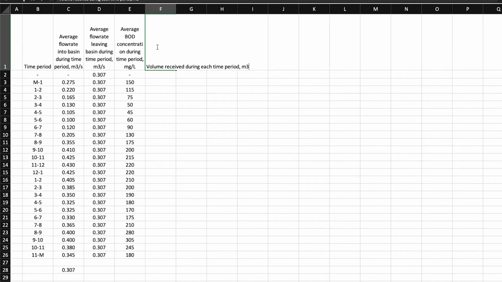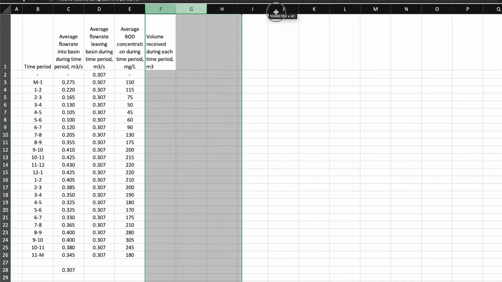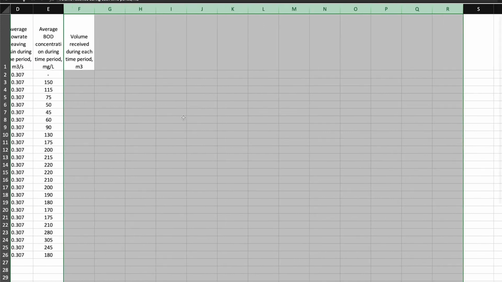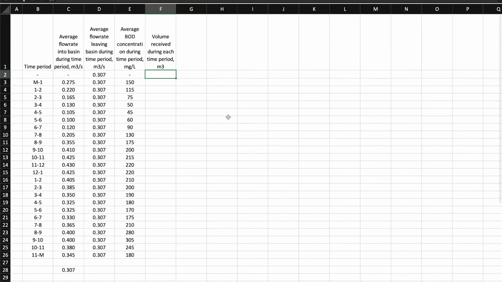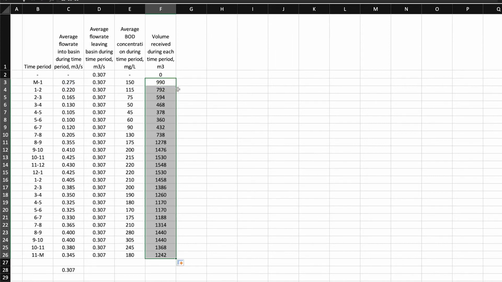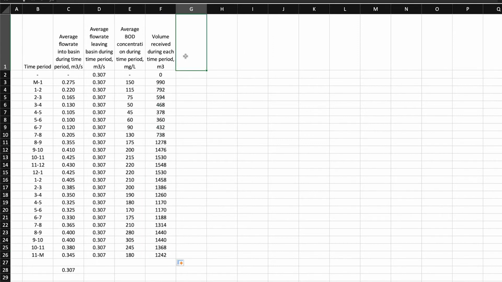Next thing we want to calculate is the volume received during each time period. So that's the total cubic meters of water that enter the basin during each hour. All right, so the way we do that is we calculate the average flow rate multiplied by 60 seconds in a minute and multiplied by 60 minutes in an hour to get the total cubic meters.